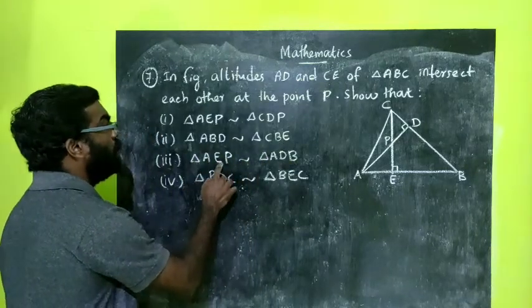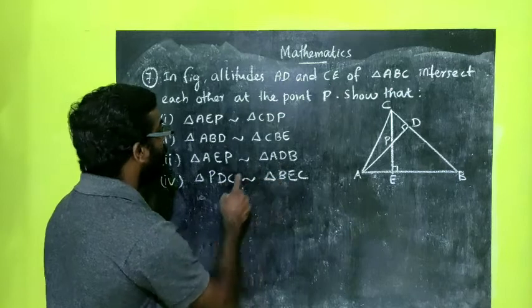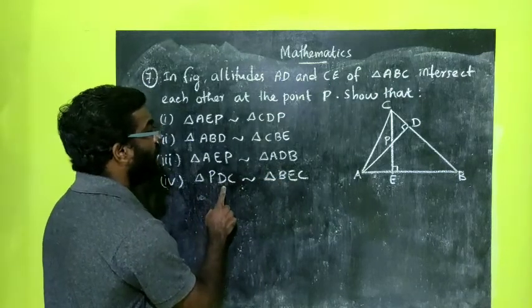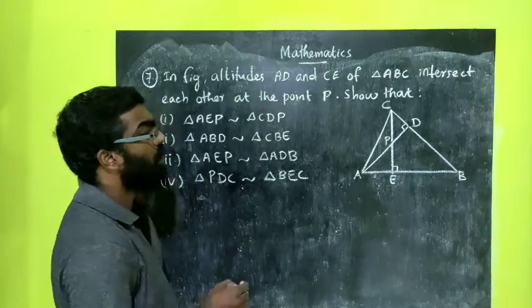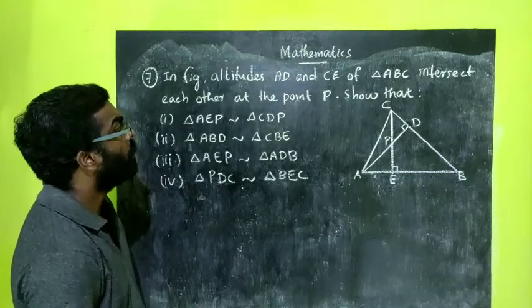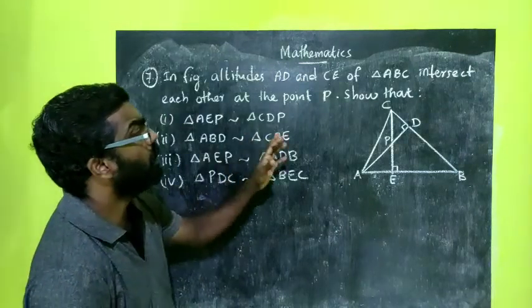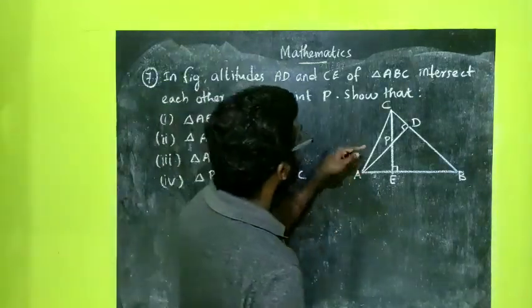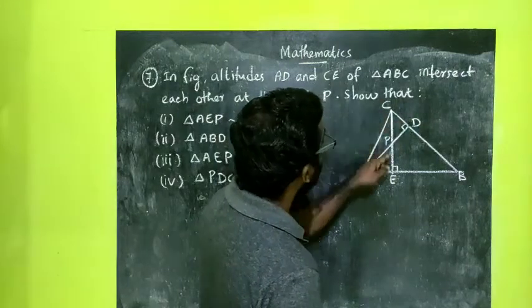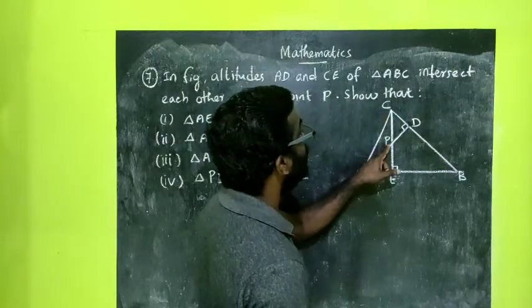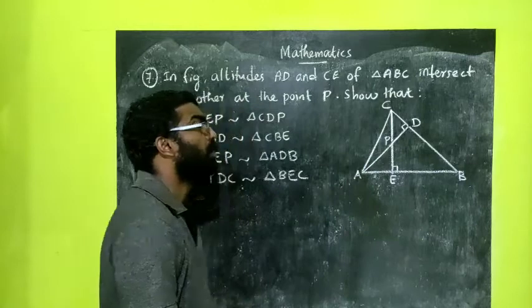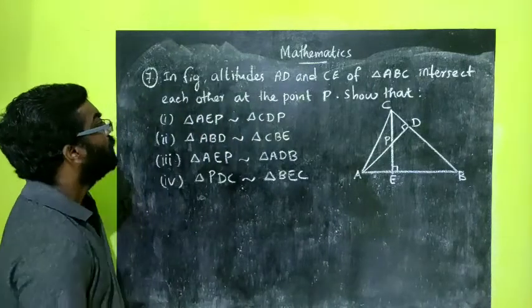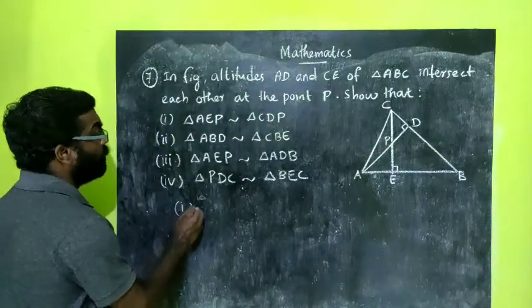Third one, triangle AEP similar to triangle ADB. And the last one, triangle PDC similar to triangle BEC. We can discuss one by one. So it is given that the altitudes AD and CE intersect each other at the point P. We can take the first one.